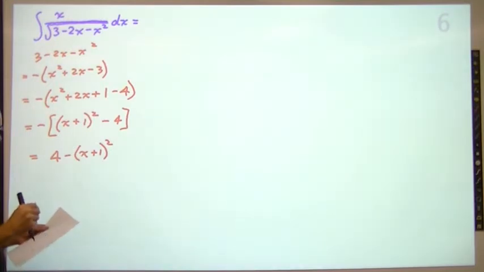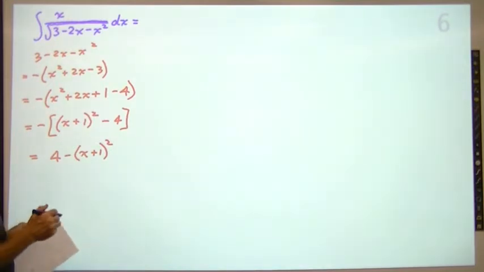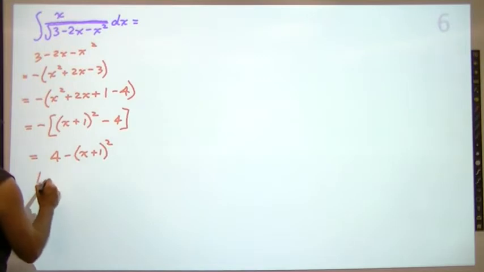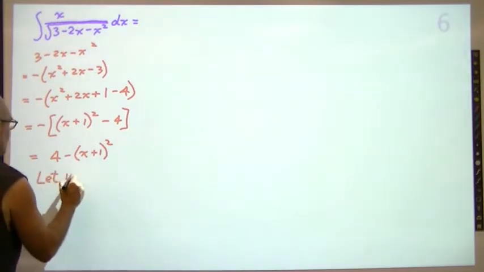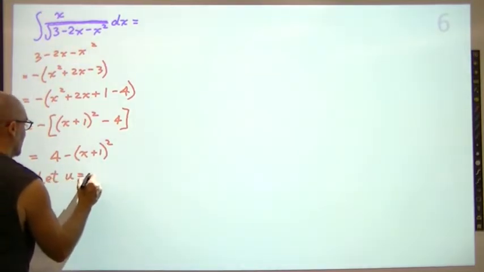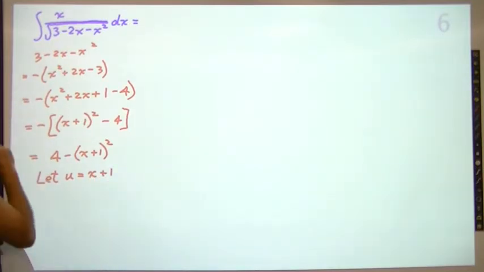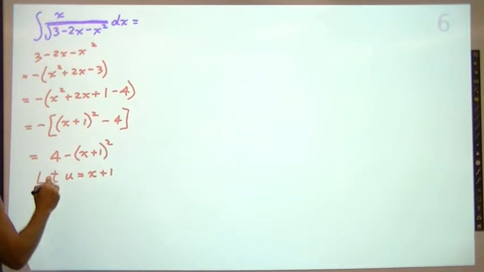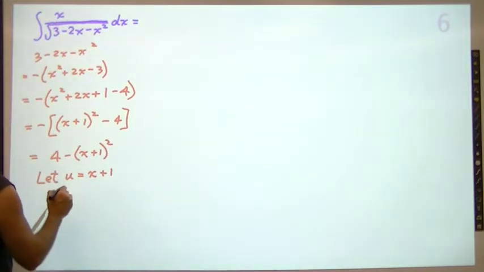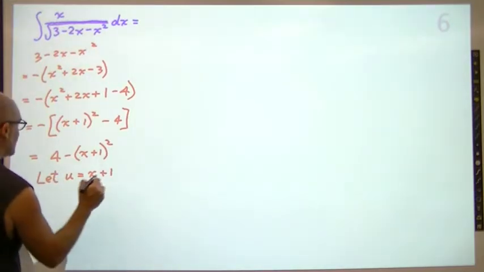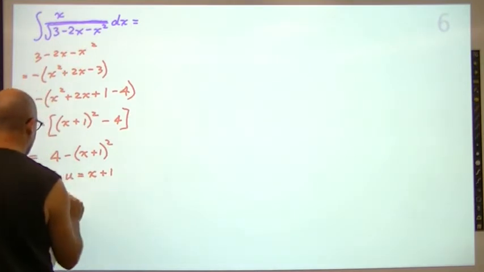So what we're going to do then is let u equal x plus 1. So if u equals x plus 1, then we have du equals dx.